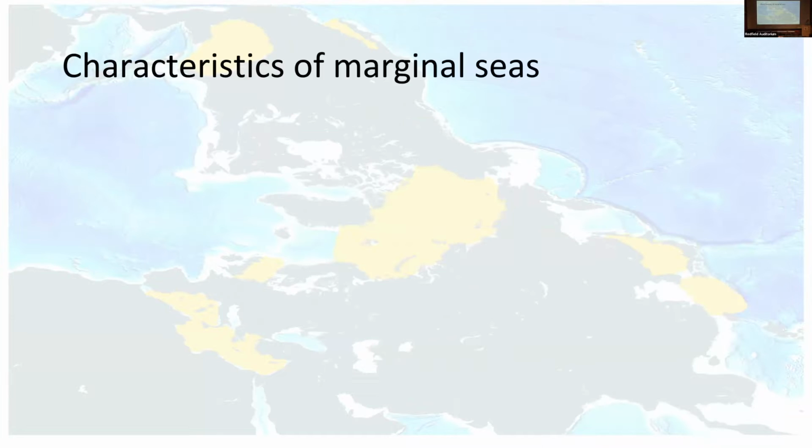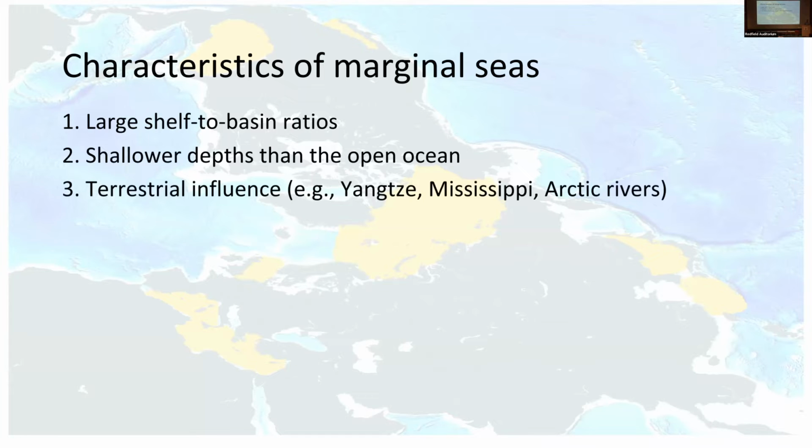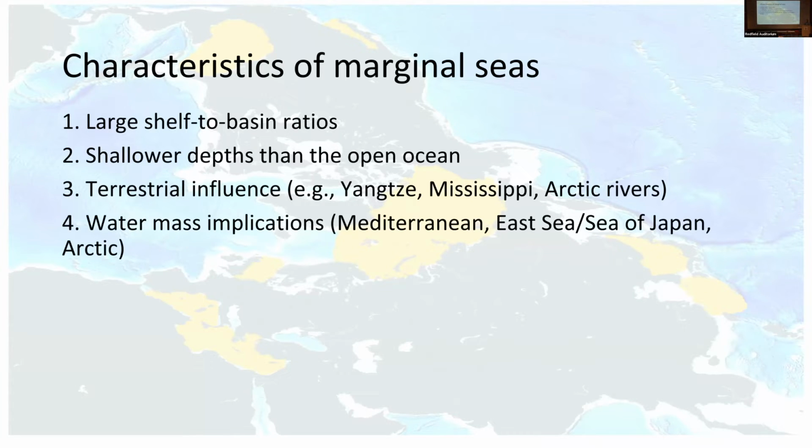So the characteristics of marginal seas. In general, they have large shelf to basin ratios, a lot of shelves, smaller basins, shallower depth than the open ocean, and a lot of terrestrial influence, for example the Gulf of Mexico, East China Sea, big rivers, and also Arctic rivers. That's where the most changes are happening. And there are water mass implications.